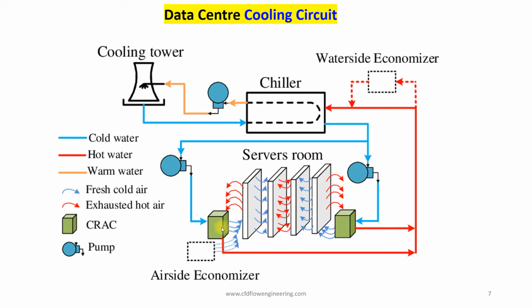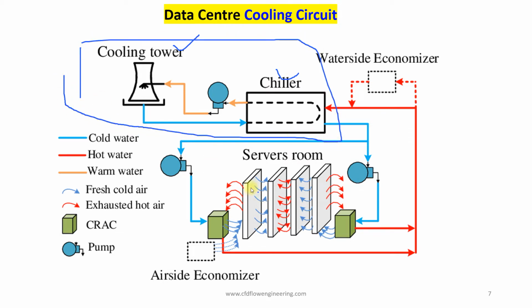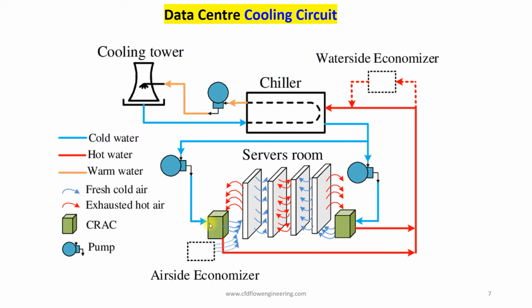Then in between the chiller and CRC unit. Then third is between the cooling tower and chiller. The cooling tower and chiller are placed outside the computer room, and the server room is connected with the main building, which may be connected to the computer service center.